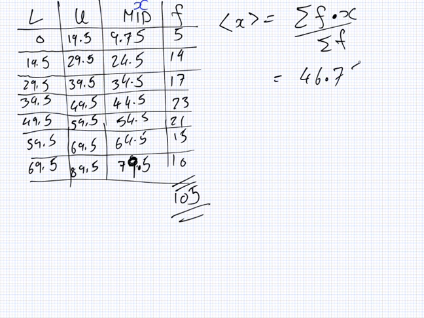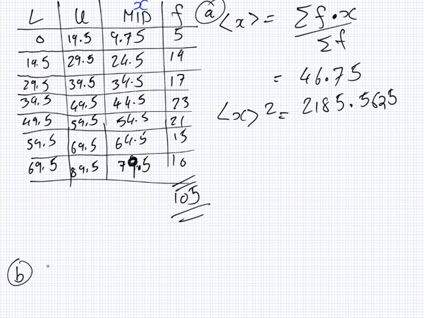So the average comes out as 46.75, and by the way, this is part A, the average squared, because we'll need that for the next part, is 2185.5625.